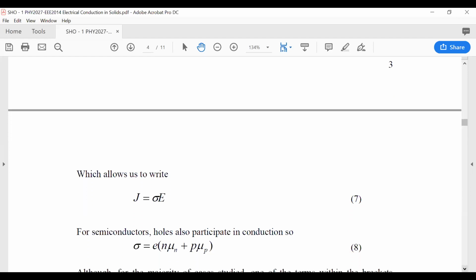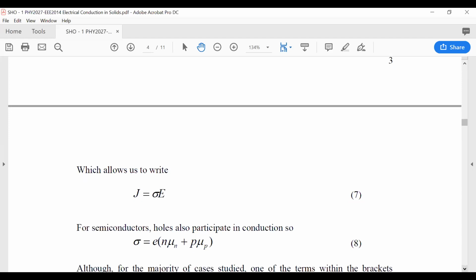One thing that is very important to remember is that in semiconductors, both electrons and holes contribute to the material's conducting properties. And so we must write the conductivity sigma as being the sum of the electron and hole conductivities, as shown in this equation. The first part is for electrons, the second part is for holes.